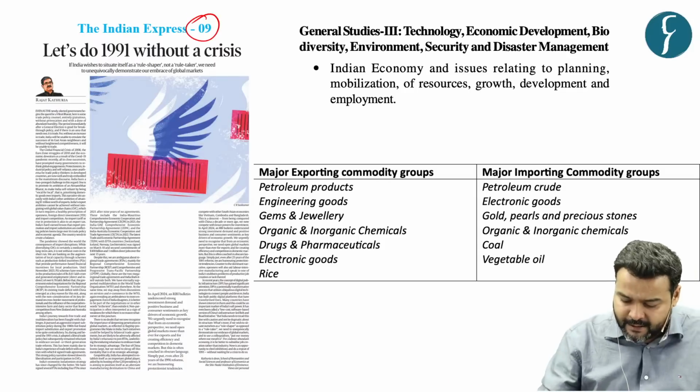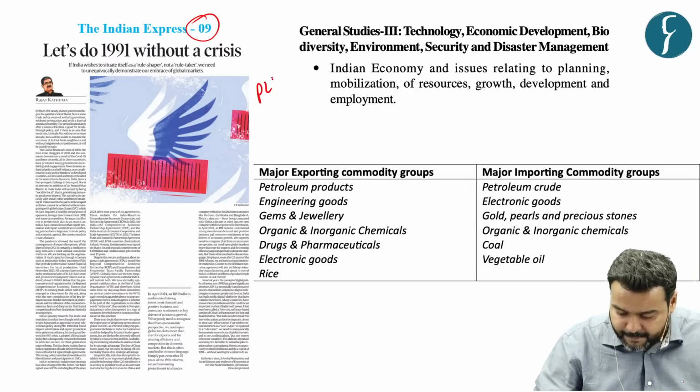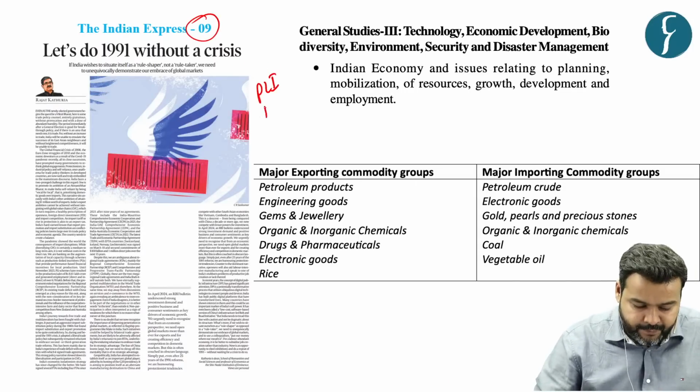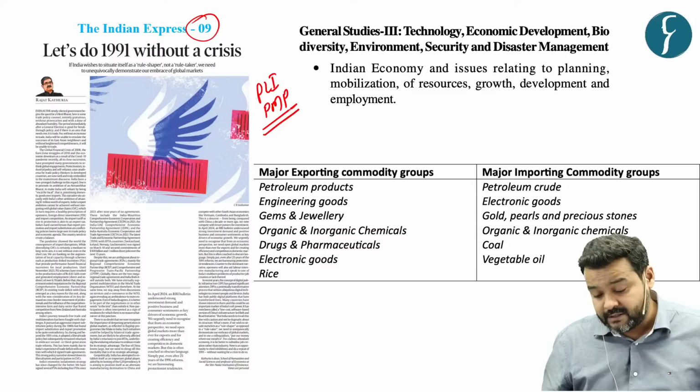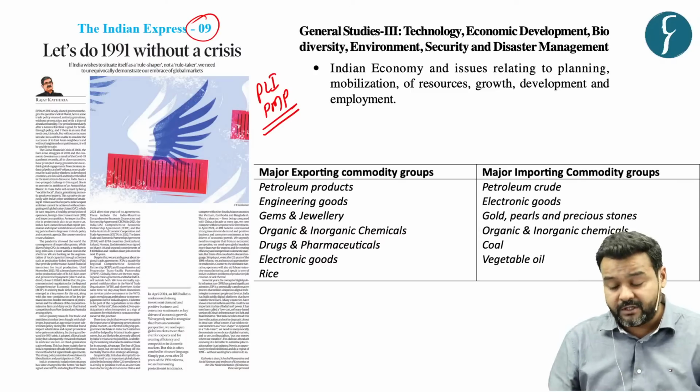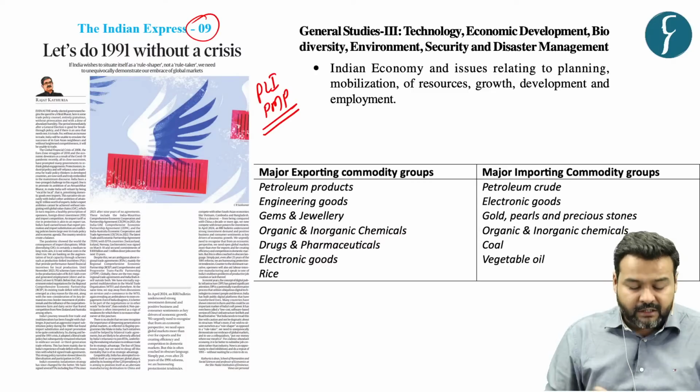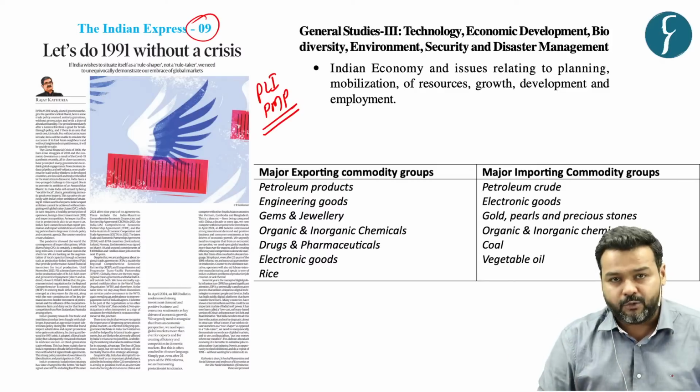And it has brought in various schemes like PLI and PMP, that is the Phased Manufacturing Programme. All these schemes are there to promote this. But the author has a different view.